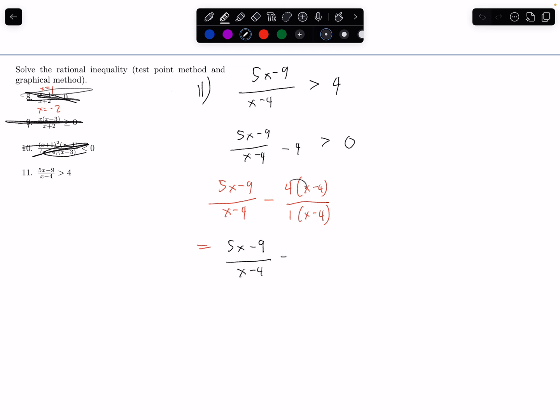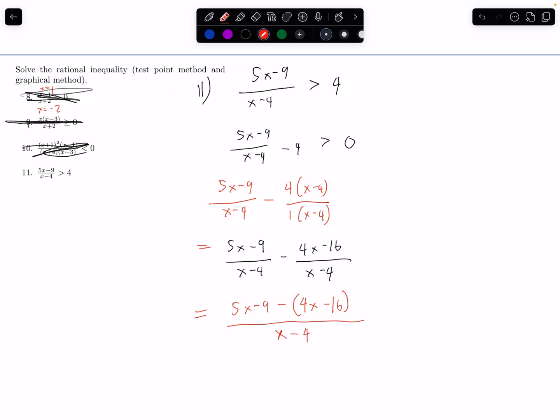You can distribute this 4, so that's going to be 4x minus 16 on the top over x minus 4. And now they have the same denominators, so I can go ahead and subtract. So it's going to be 5x minus 9 minus, and here's a big recommendation, keep that in parentheses so you don't mess up the signs. And that's all over the same denominator, right?